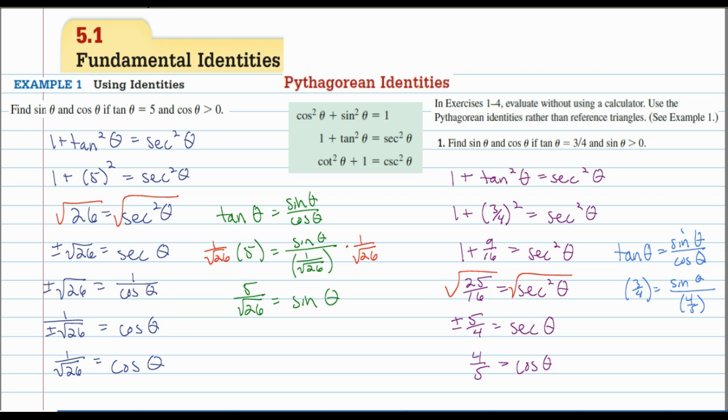So now it's sine of theta divided by 4/5, so I will multiply by 4/5 both sides so that the 4/5 technically cancel. Then, let's see, these 4's cancel, so 3/5 equals the sine of theta.